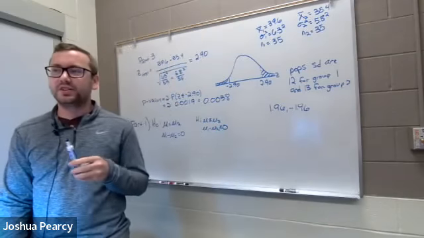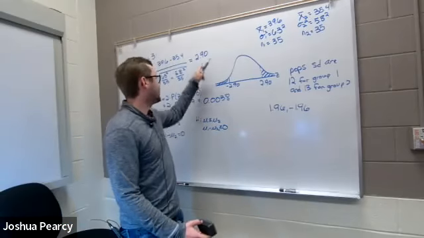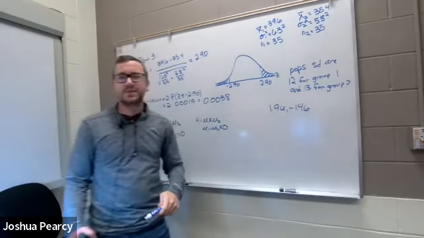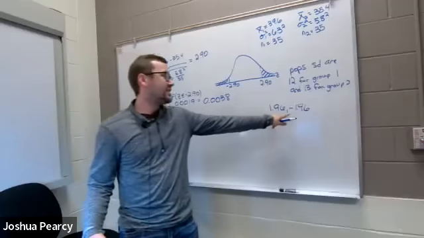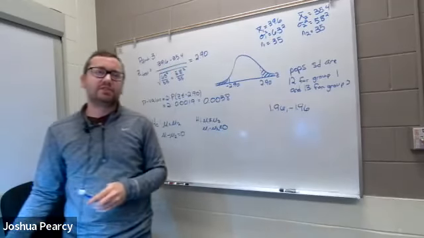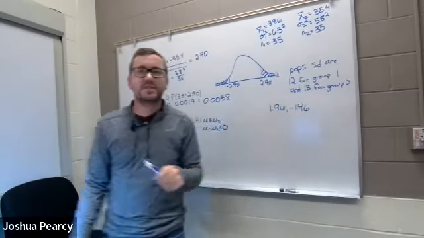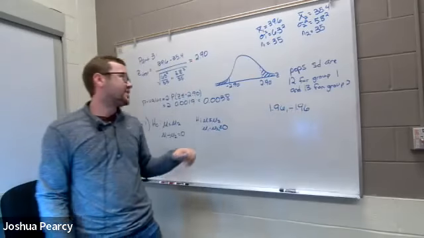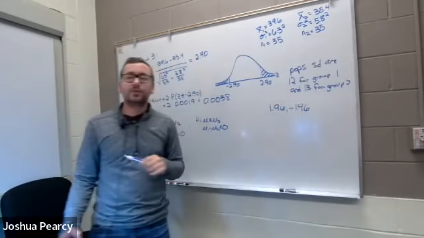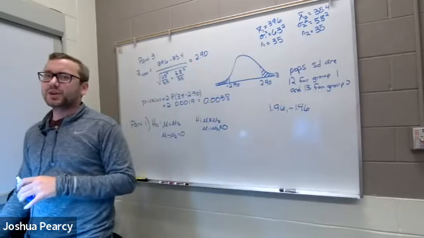Another way is to compare the test statistic you got to the critical values. If it fell within these two, in the middle, you fail to reject. If it fell outside, less than this one or greater than this one, you would reject the null hypothesis. And obviously, 2.90 is greater than 1.96, so you get the same decision either way.